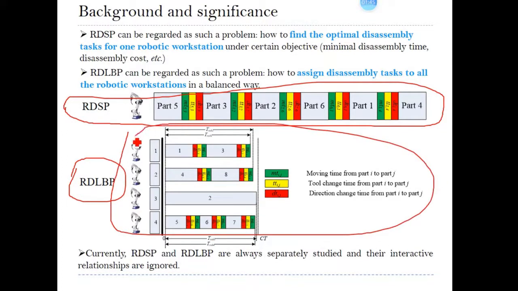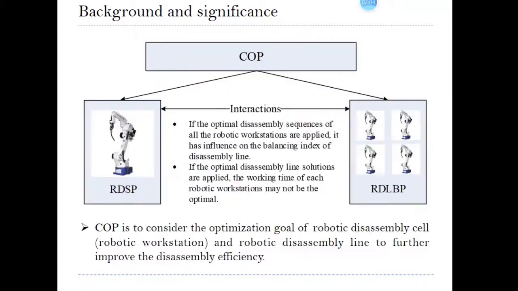Here we can find that the robotic disassembly line contains several robotic disassembly cells. Currently, the RDSP and RDLBP are always studied separately, and current research ignores their interactive relationship. So based on this, in this paper we propose COP, which is short for Collaborative Optimization Problem.